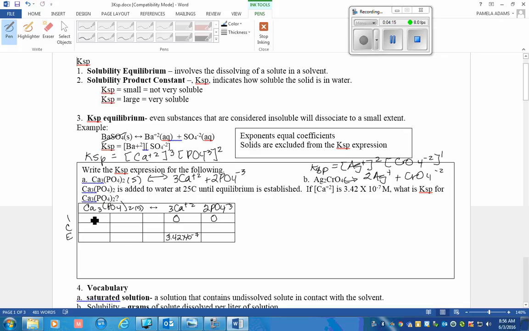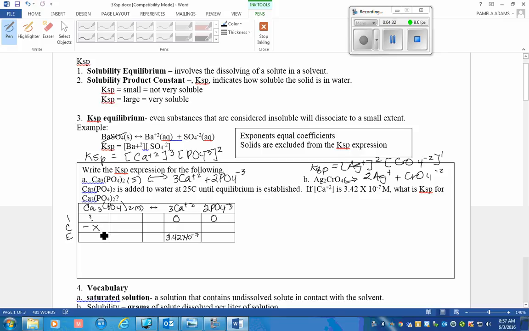Remember that the calcium phosphate initial concentration is not important, nor do we know it. It's not an equilibrium expression, so I will let a question mark stand in for its concentration. It will be of limited solubility.